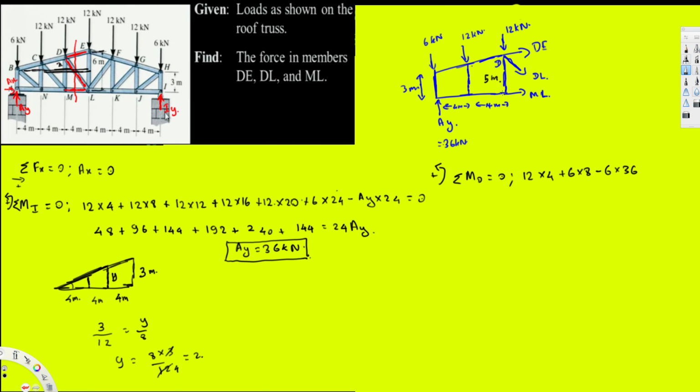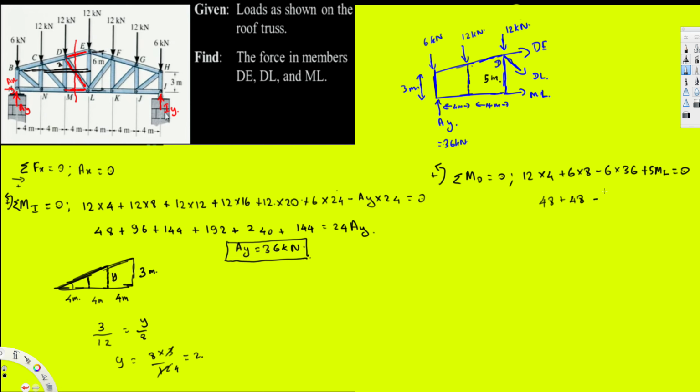So this is pushing this object counterclockwise: 5 times ML. So plus 5 ML is equal to 0, and this is 48, this is also 48. This comes out to be negative 36 times 6.